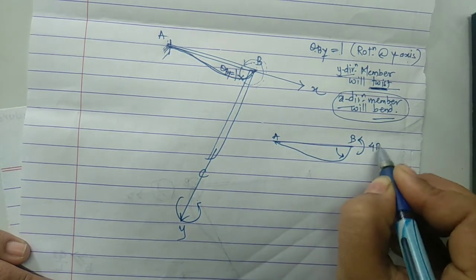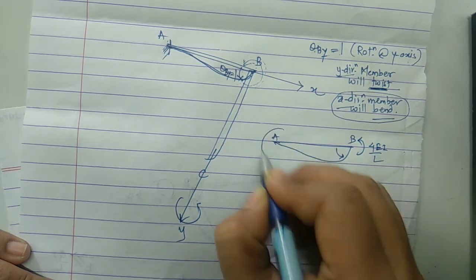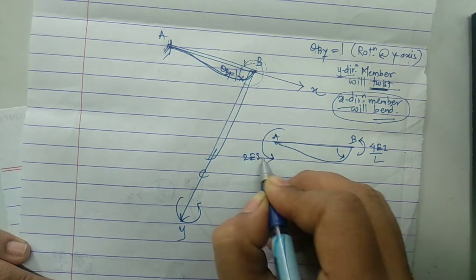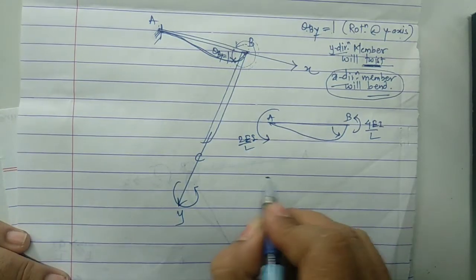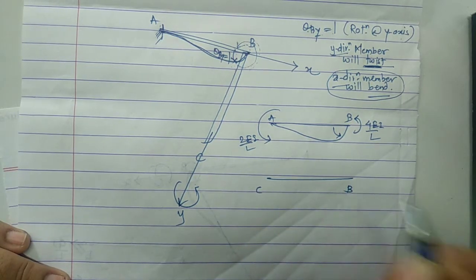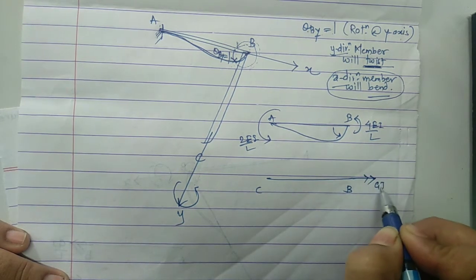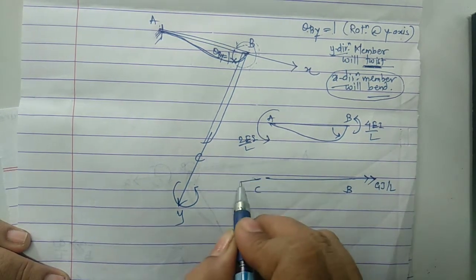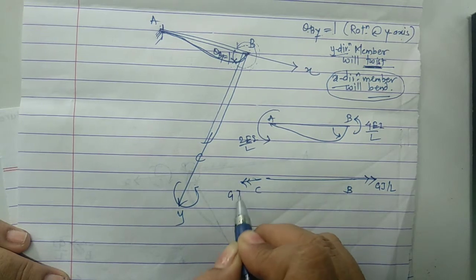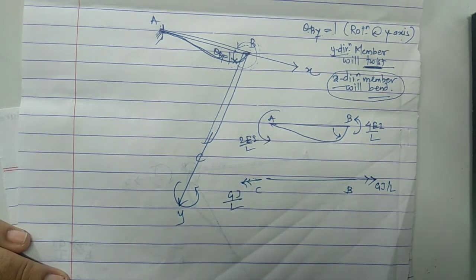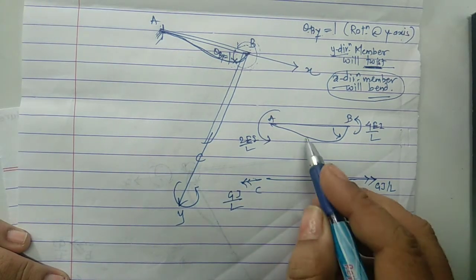These are the rotational stiffnesses, EI upon L, and this will be 2 EI upon L. And for the CB member, as it is twisting, at B point this is GJ upon L, and at C point in the opposite direction, GJ upon L. So this way we have to draw these two figures.